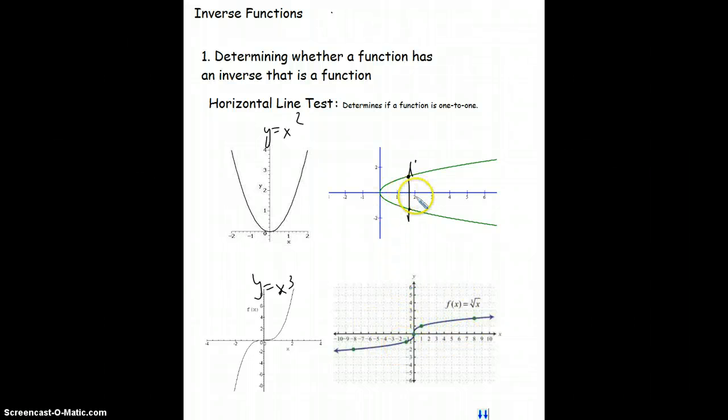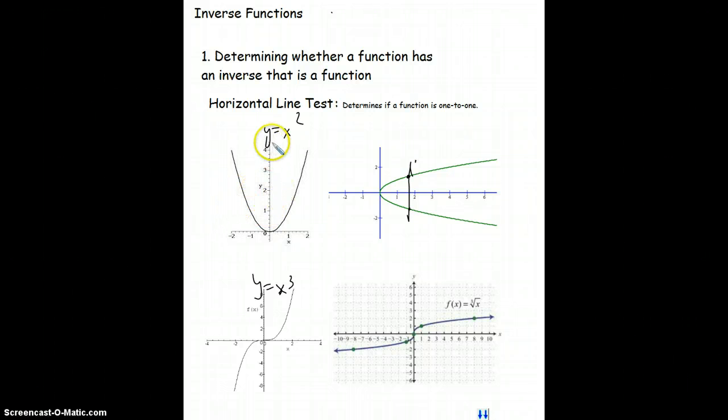Well, if we think about this over here, we've got something called the horizontal line test. What the horizontal line test does is determine if a function is called one-to-one, and that means for every y value, there's exactly and only one x value.